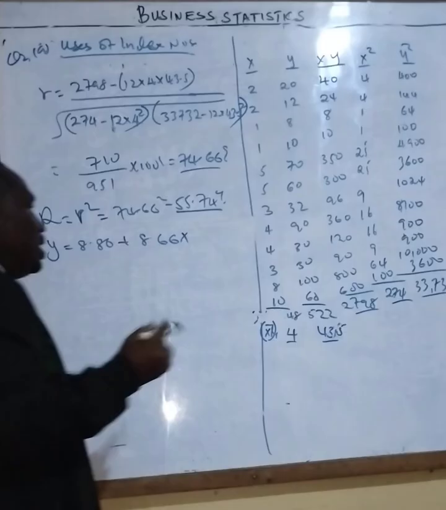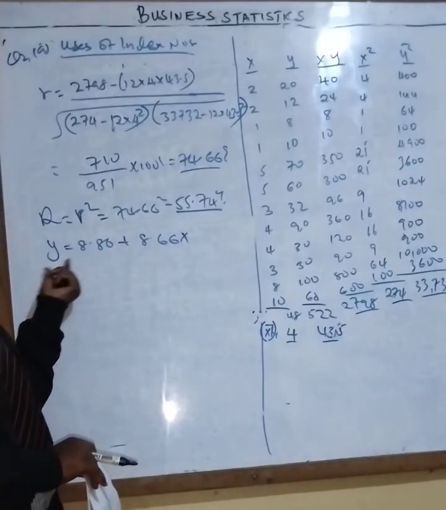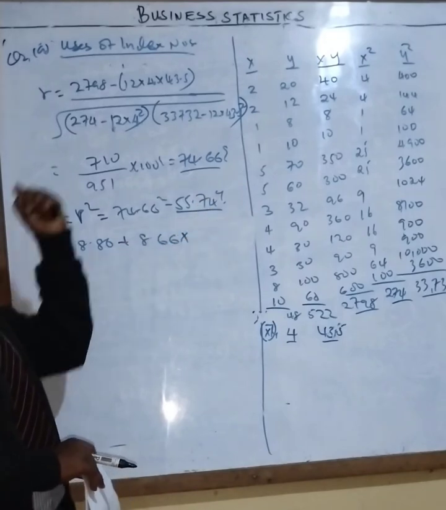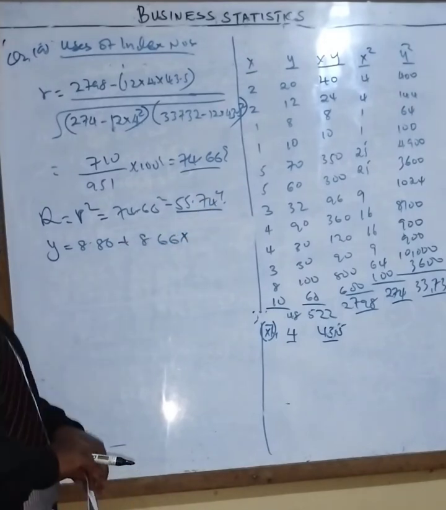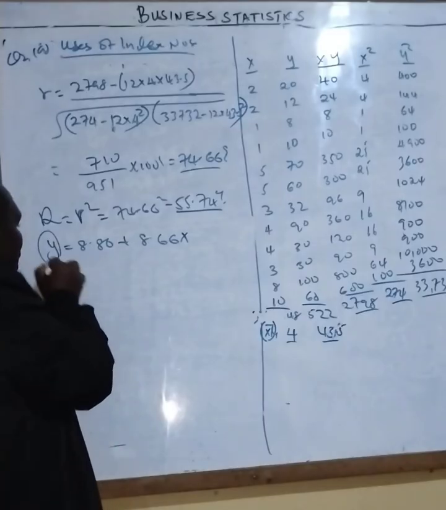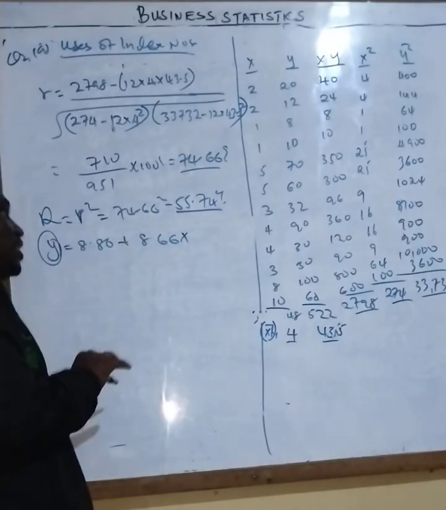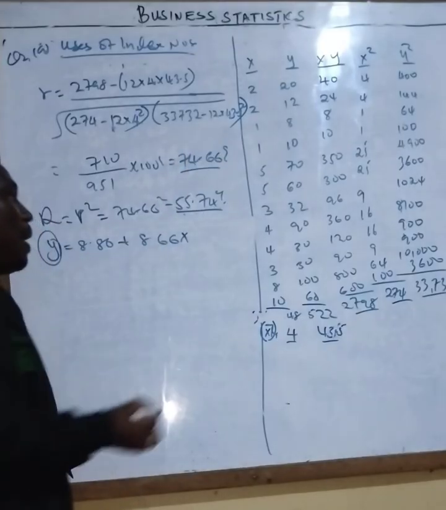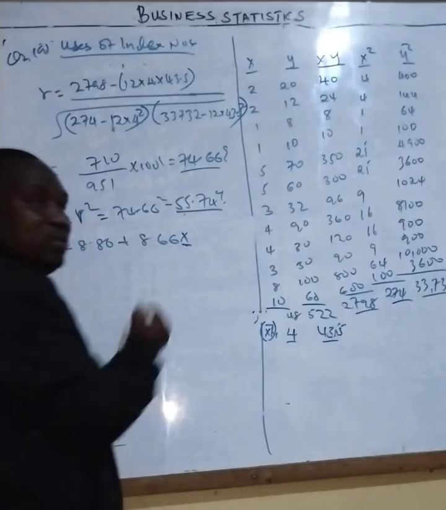It means that the coefficient of determination, this one now, is that 55.74% can be explained by dependent variables. So in this case, it means that the dependent variable can be explained at 55.74% by the independent value.